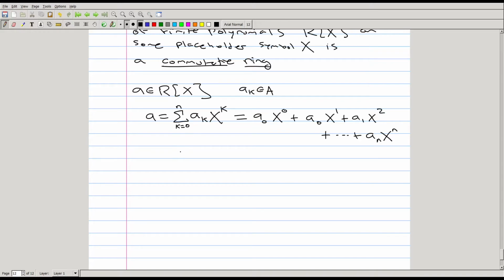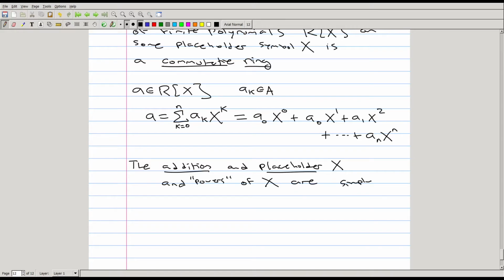Now I want to be very, very clear here. The addition and the variable, I shouldn't even say variable, the placeholder x and the powers, again I'm going to put quotations here, the powers of x are simply notational placeholders.